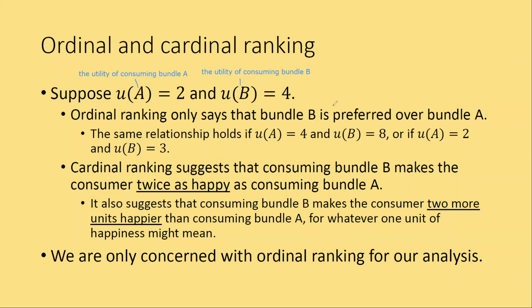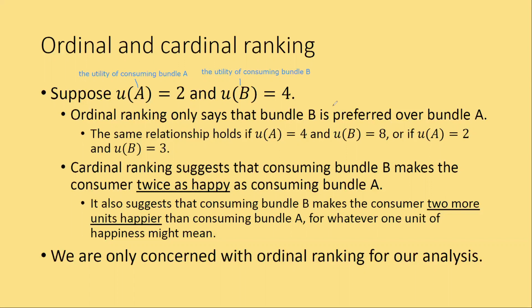So suppose U(A) is 2 and U(B) is 4. With ordinal ranking, this only says the relative preference over the two bundles. So using the fact that 4 is larger than 2, we can say that the consumer prefers bundle B over bundle A. And the same will hold if we change the numbers.